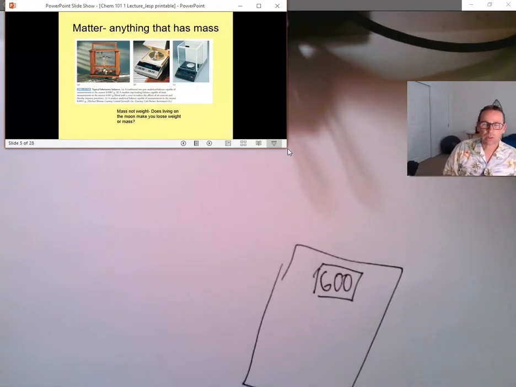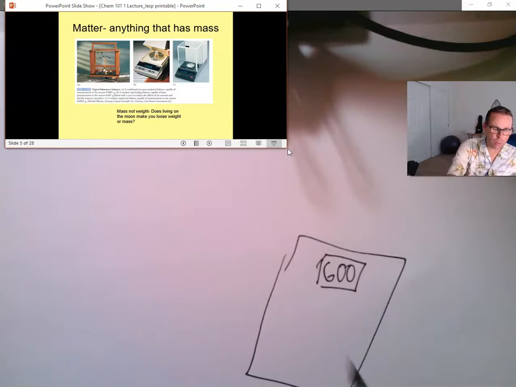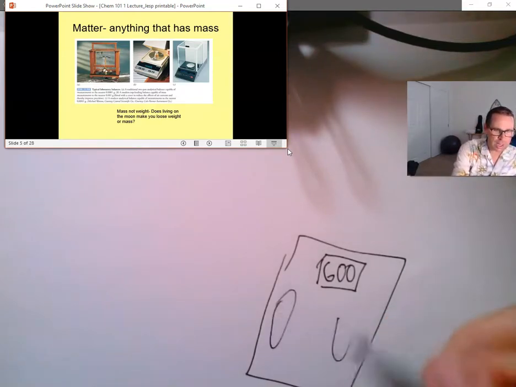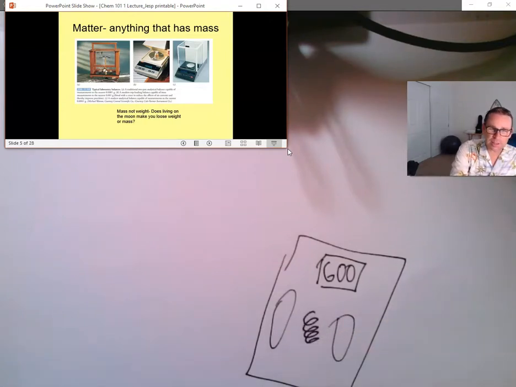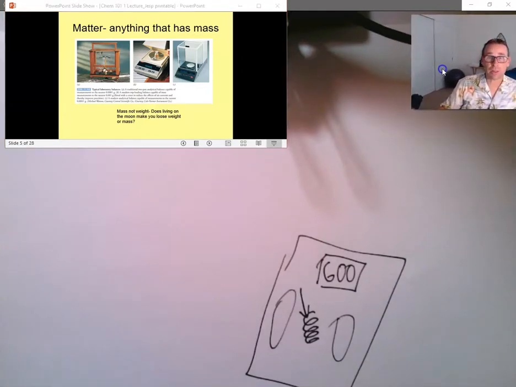The way that this scale works, I put my feet on it, and I weigh 600 pounds. It's the spring that's in the scale being squished by my mass, and how much it's squished is related to the gravitational pull of the planet that I'm on, right? That Earth that I'm on.